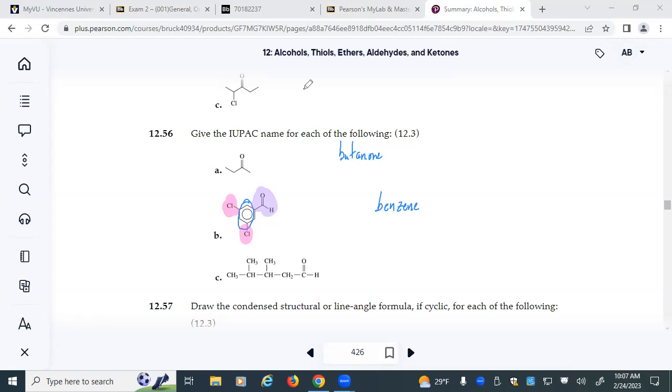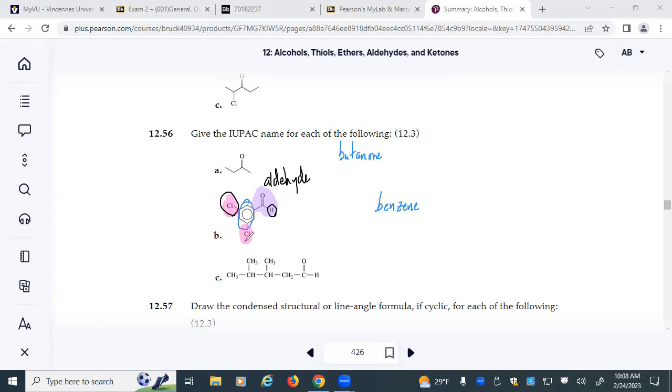So what do I do with it? Well, I have to figure out which of these functional groups is actually the most important. And anytime we see a carbonyl, we know that that's the most important one. So what is this functional group? Aldehyde. That's an aldehyde. I've got a carbonyl on the end of a chain. And I know it's the end of the chain because I've got that hydrogen there. So I've got an aldehyde.